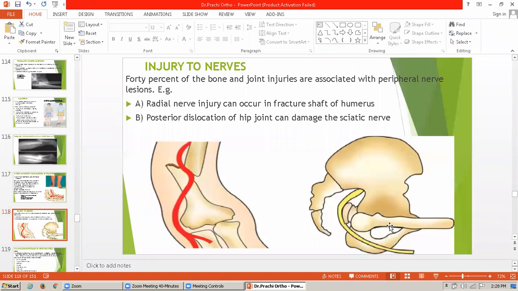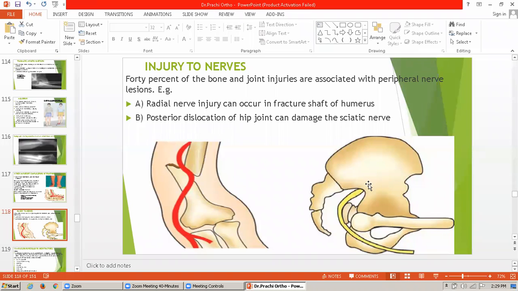Then injury to the nerves. 40% of the bone and joint injuries are associated with peripheral nerve lesions. For example, in diagram A, as you see, a radial nerve injury can occur in the fracture of the shaft of the humerus. So this is the humerus and due to the fracture of the shaft of the humerus, there is a radial nerve injury.